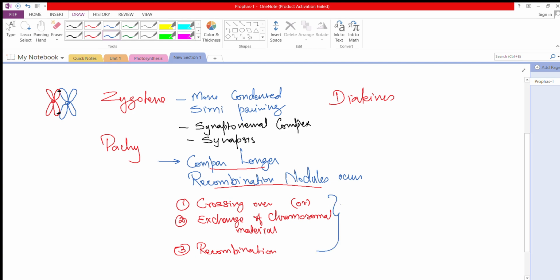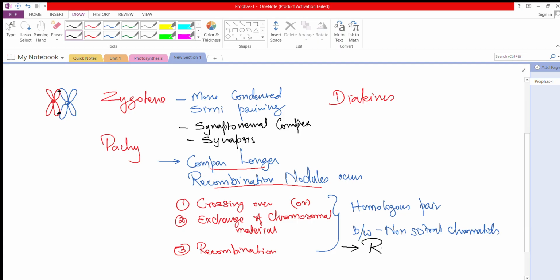Where it occurs in a homologous pair, between the non-sister chromatids. This is very important. Between the non-sister chromatids with the help of an enzyme. All metabolic reactions require an enzyme, right?